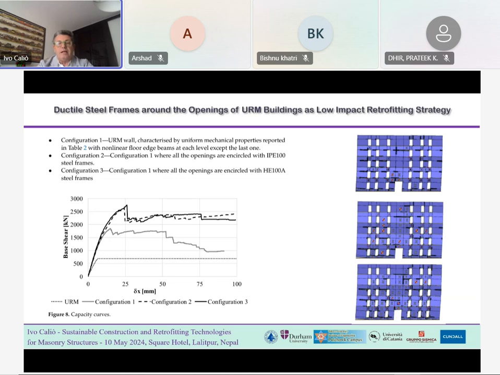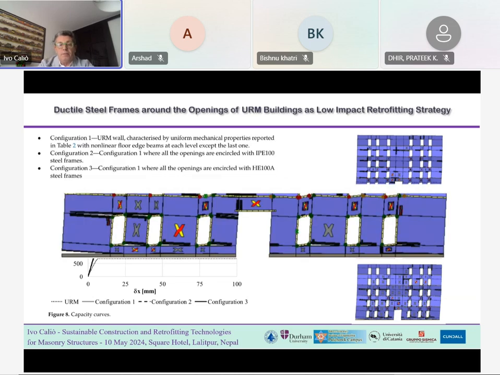This strategy has been modeled by using 3D Macro, and it's interesting to observe that the steel frame around the openings have been modeled by considering the possibility of the steel frame to exhibit inelastic behavior in order to enhance the dissipative resources in the overall building.